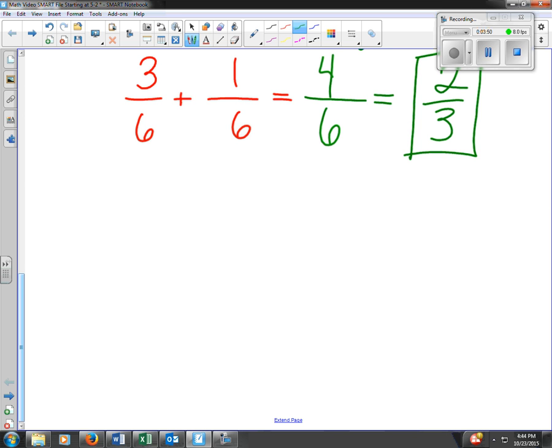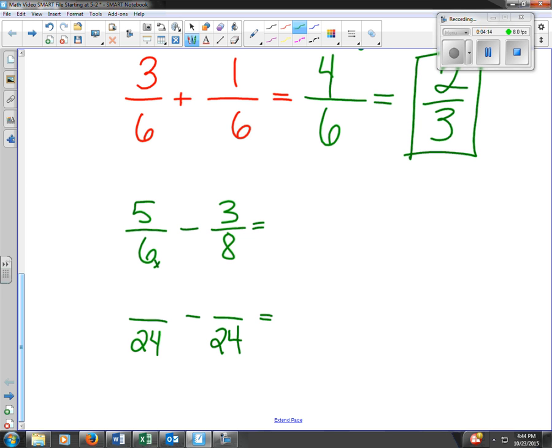Okay, now let's try some more. What if I have 5/6 minus 3/8? Again, you want to find the number that both of these denominators go into, because we need common denominators. For 6 and 8, 24 is an easy one to use. 6 times 4 gave us 24, so then 5 times 4 is 20. 8 times 3 is 24, so then 3 times 3 is 9.